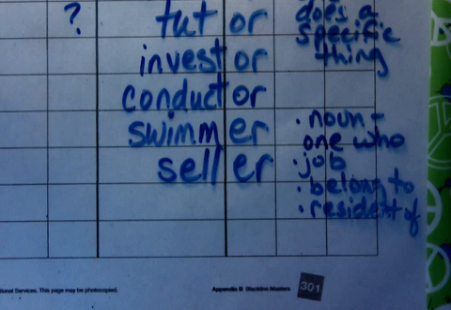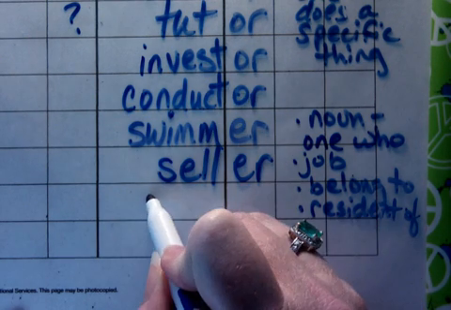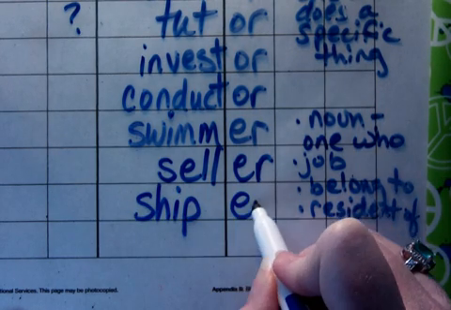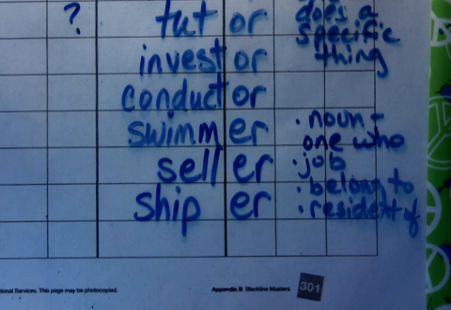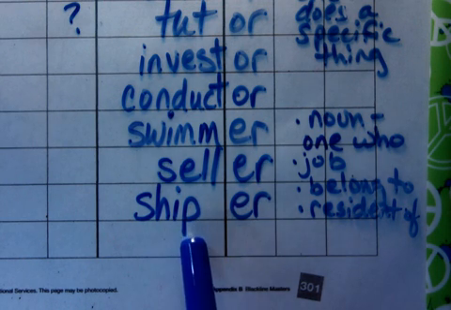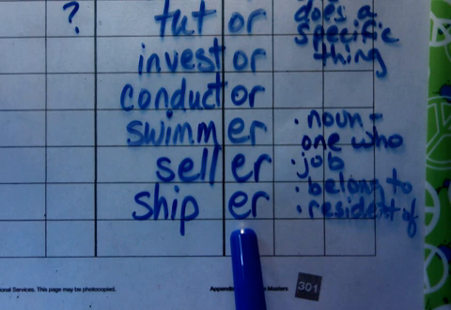The last base word is ship. So think about our doubling rule. It's a single syllable word. The vowel is short. The consonant at the end of the base word is a single consonant. The suffix begins with a vowel.